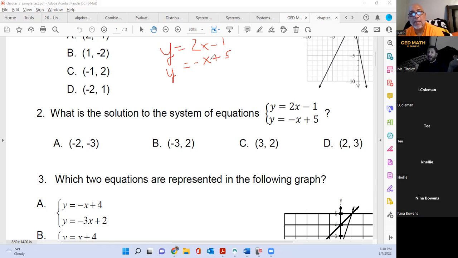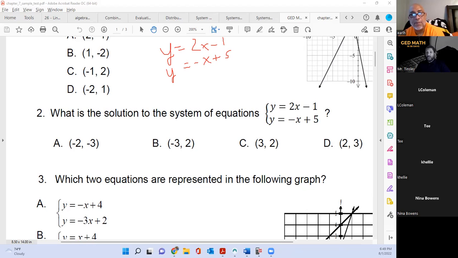Negative y. Just because it doesn't have a coefficient, it's still the same thing. The opposite of 2x is minus 2x, the opposite of 2y is minus 2y, and the opposite of y is minus y.